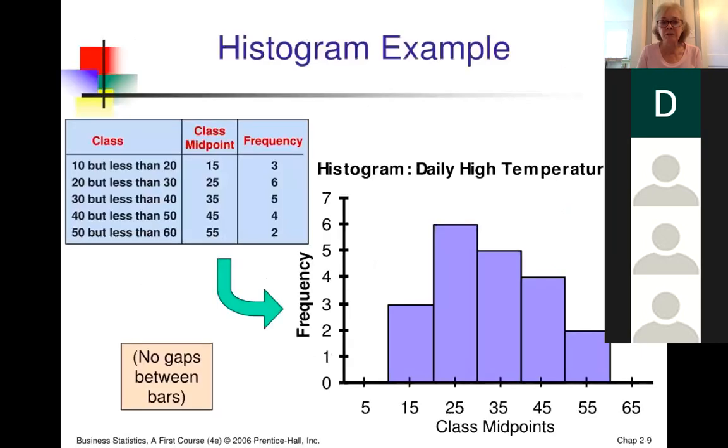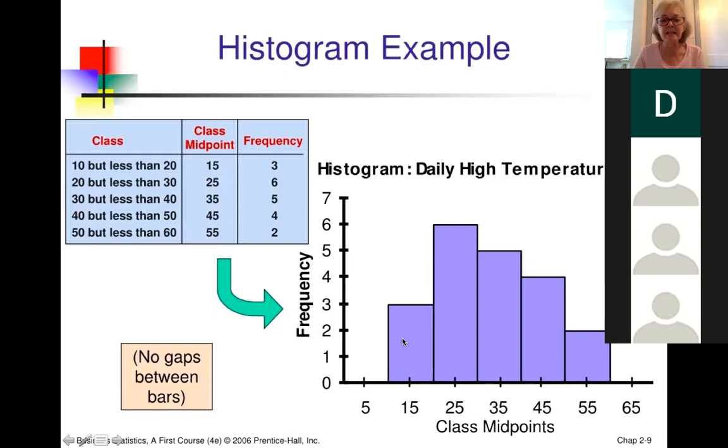So here's an alternative. I bet you've seen this before. It's a histogram, daily high temperatures. So what we've done basically is we've made a numerical variable into kind of sort of a categorical variable. We created some categories, some bins, some classes. We've counted how many days are between 10 and 20, between 20 and 30.